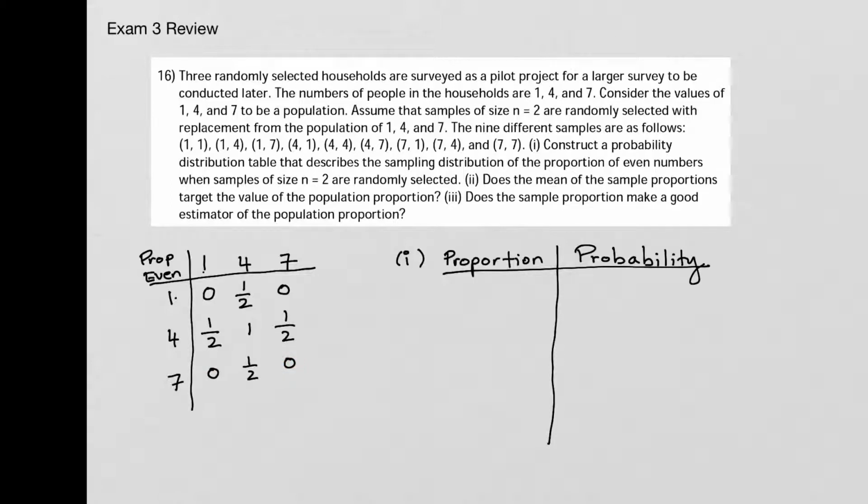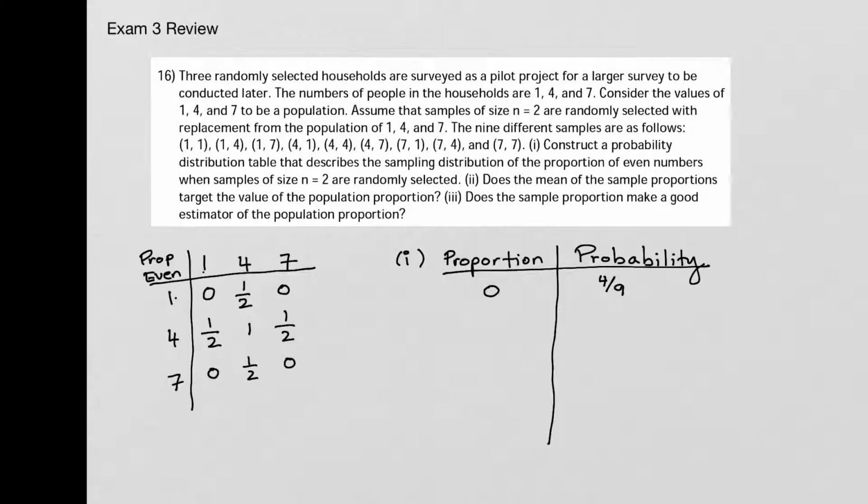In your homework, they always like you to start with the smallest number and work your way up. Mathematically, it really isn't absolutely necessary, but it's not a bad idea just to make sense of everything. And 4 out of the 9, so we have 1, 2, 3, 4 out of the 9 different proportions that we calculated here. So it's always going to be out of 9. This one is 4 out of 9.